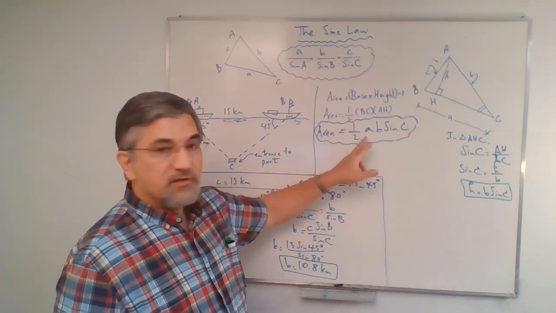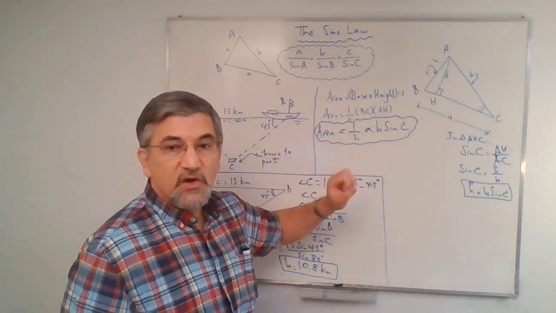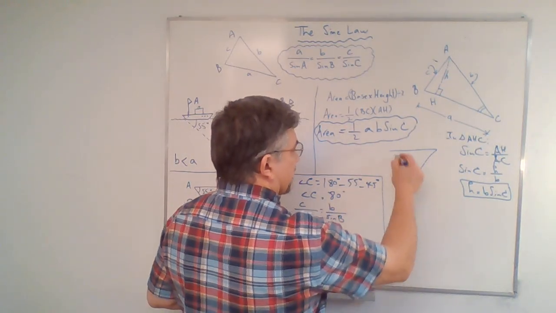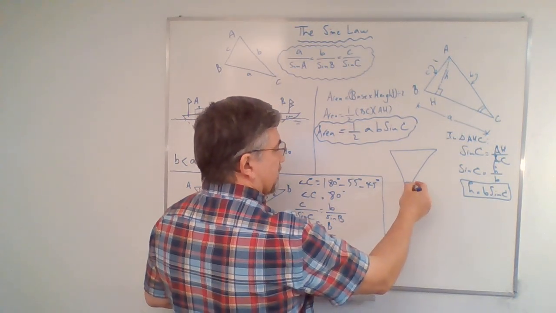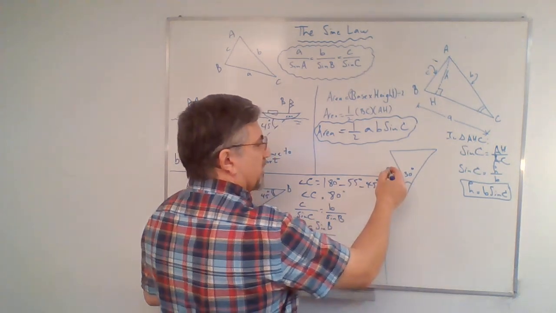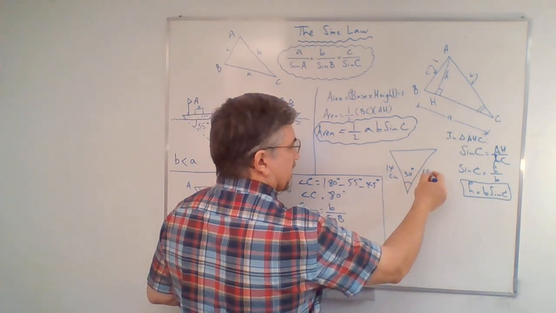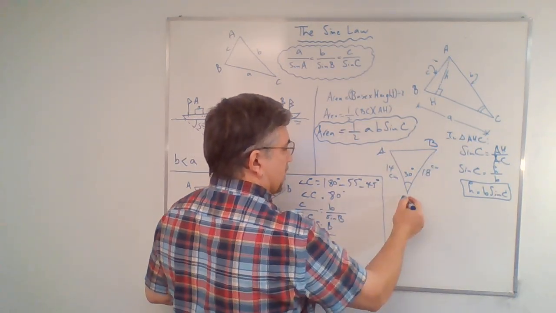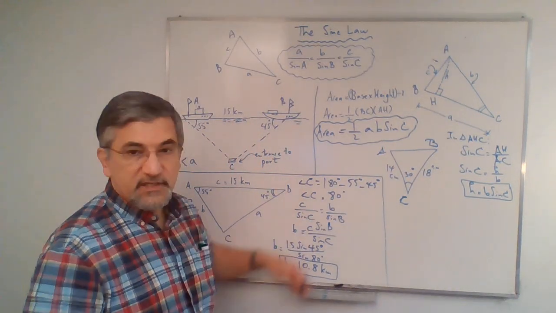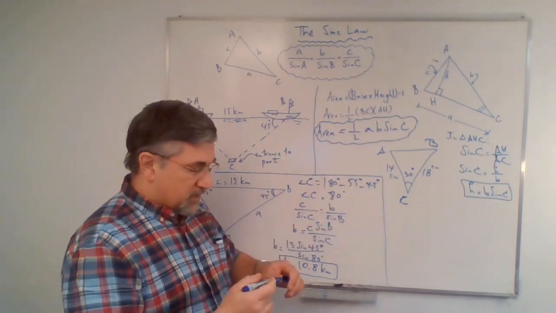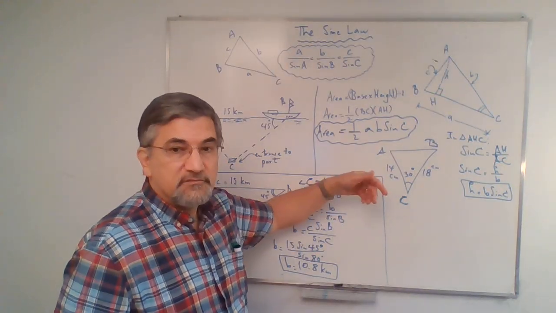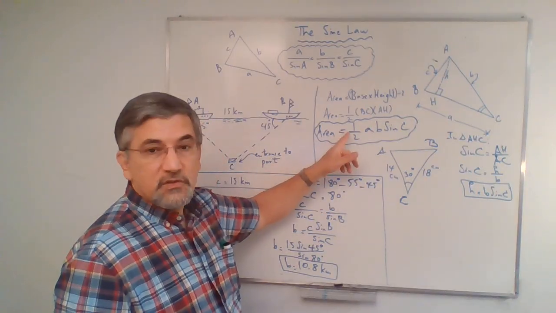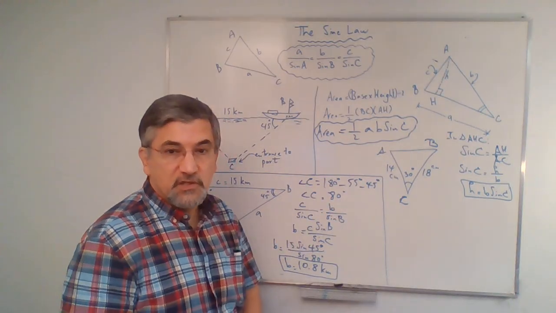It is equal to 1/2 times side A times side B times sine of angle C. So if you have a triangle like this, and this angle is 30 degrees, this side is 14 centimeters, this side is 18 centimeters, and we have A, B, C. If they ask you to find the area, it would be hard to find base times height divided by 2. We don't even have the base here. It's hard to find the altitude. So this formula will help you find the area of this triangle.